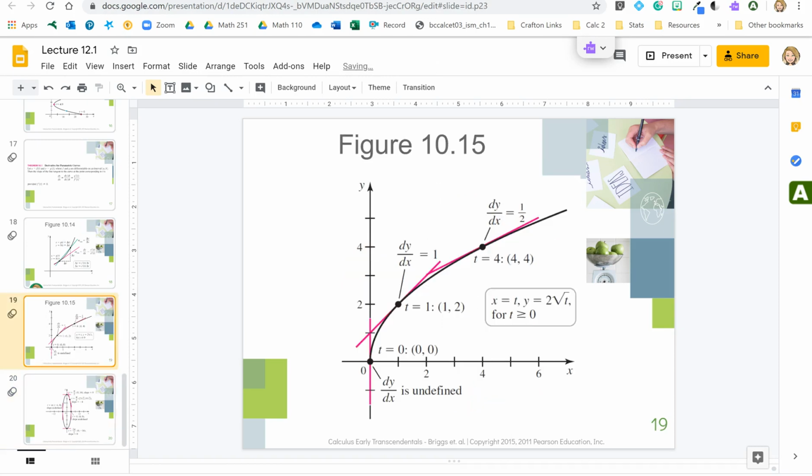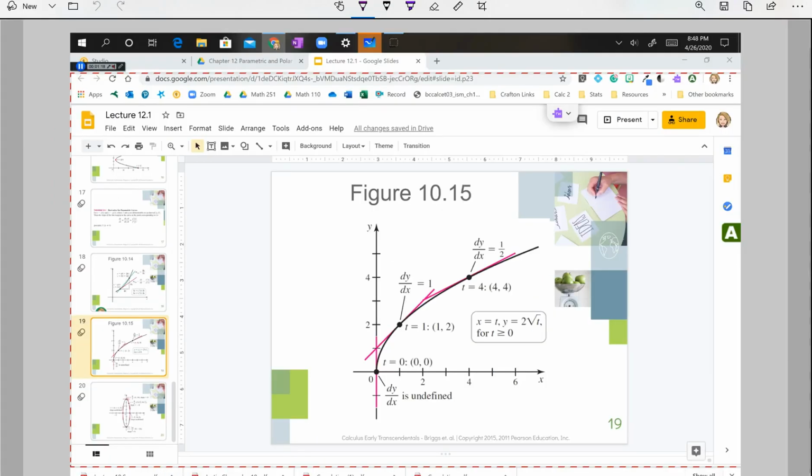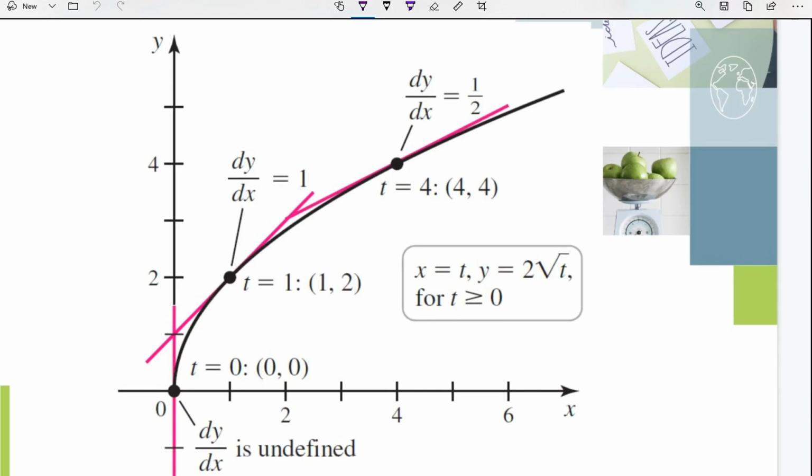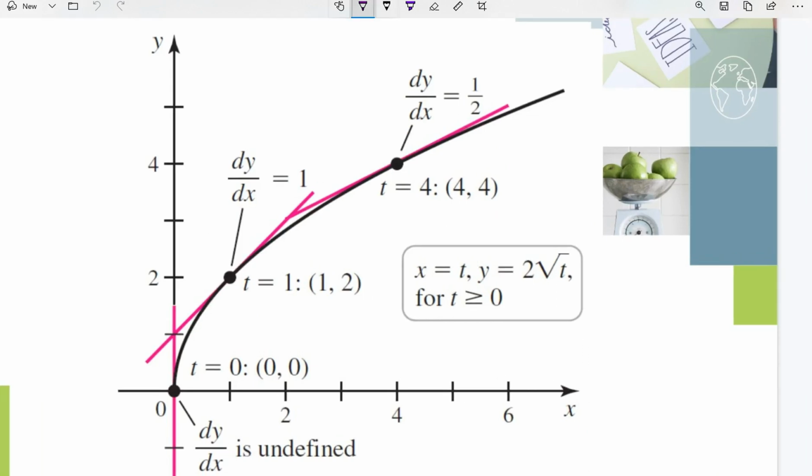So let's try something with this line up here. We have these two lines, x equals t and y equals 2 root t. And we need to look at their derivatives.